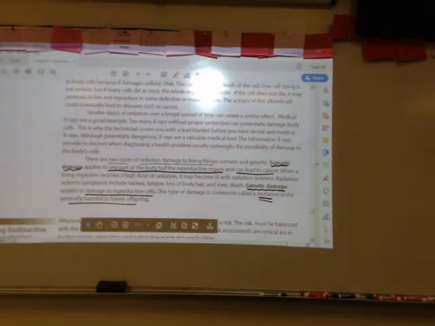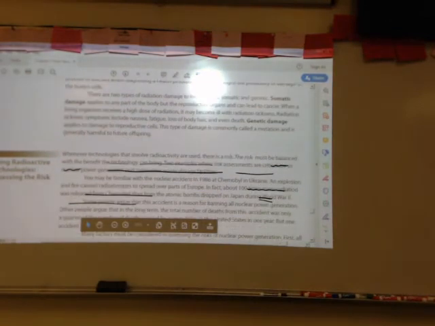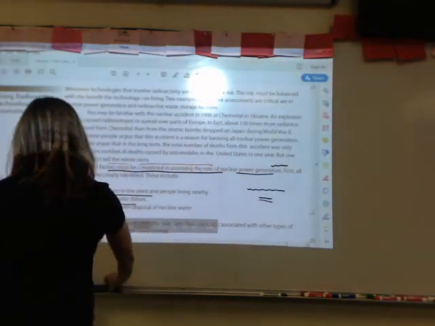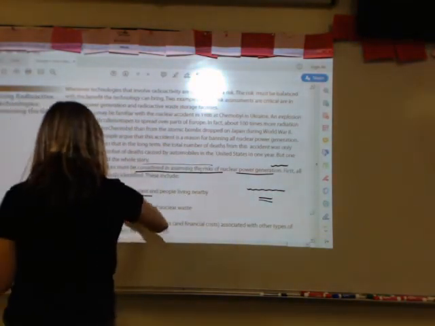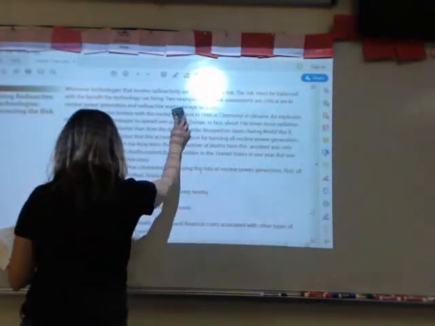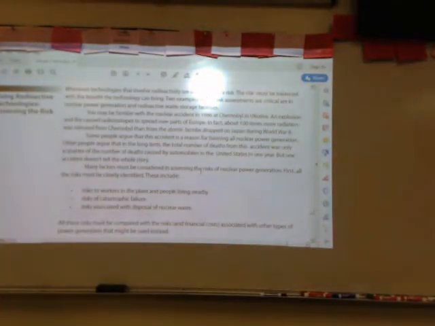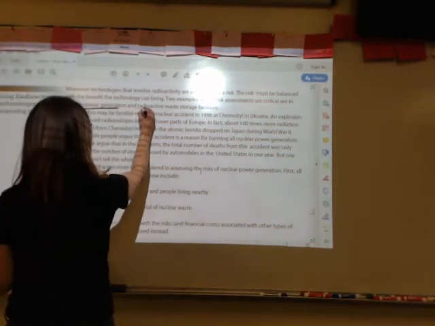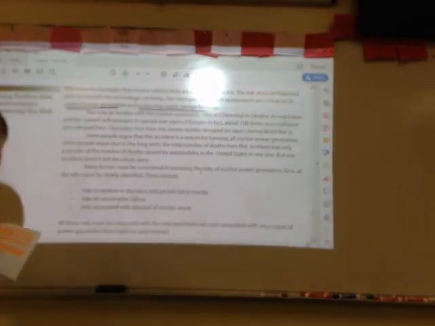Now, let's talk about using radioactive technologies. Technology that uses radioactivity is a risk, but we balance it with the benefit that the technology can bring, for instance nuclear power plants and radioactive waste storage facilities.